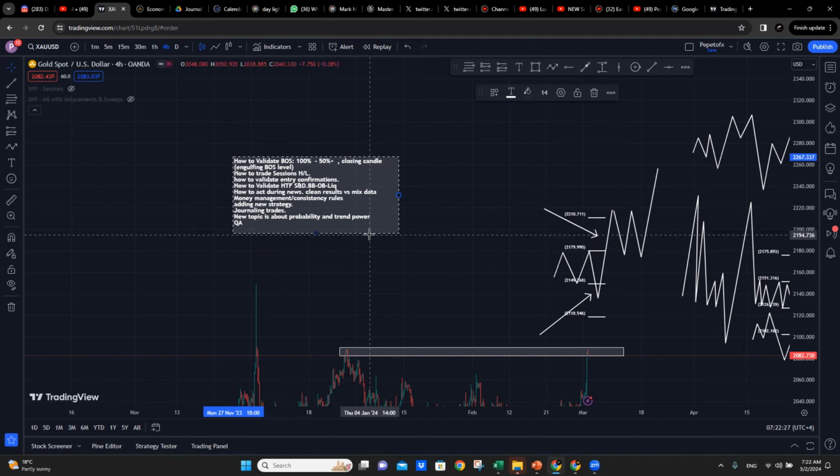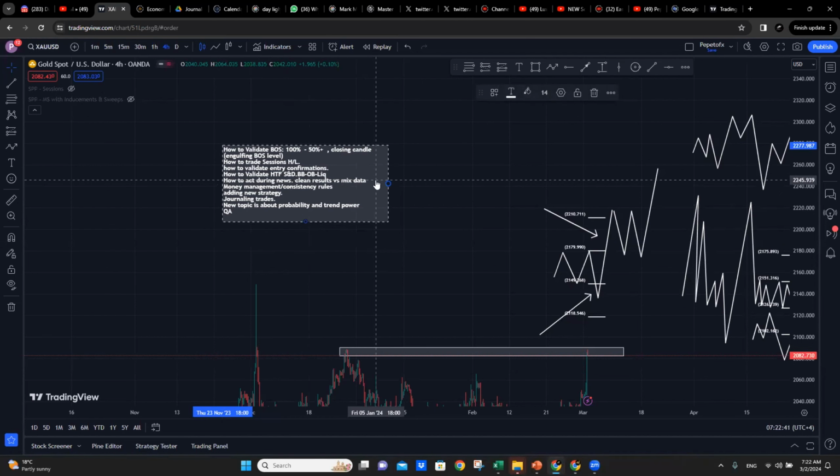Build a journal sheet, add paper trades, where you will find during 6 months to 1 year to 2 years that these trades and this strategy is working and the win rate is this much, RR is this. So you have data. When you have data and you know what you're doing, then take that into your live account or real account.